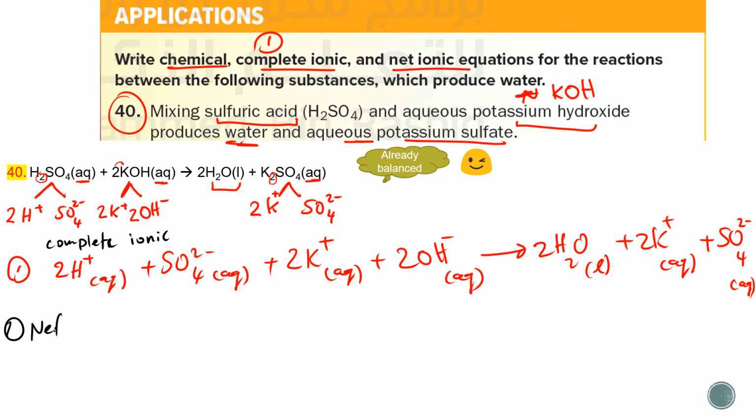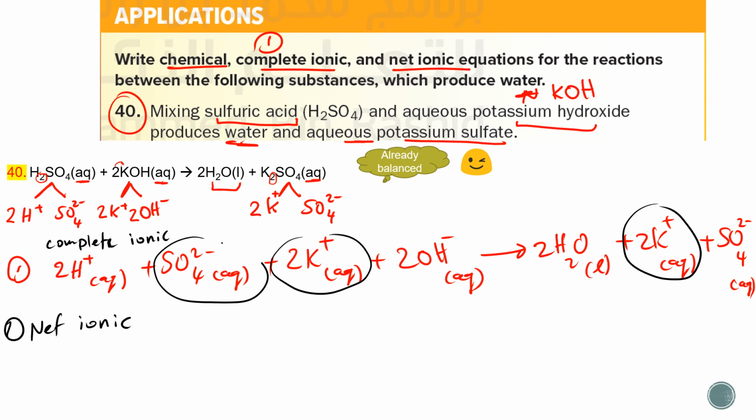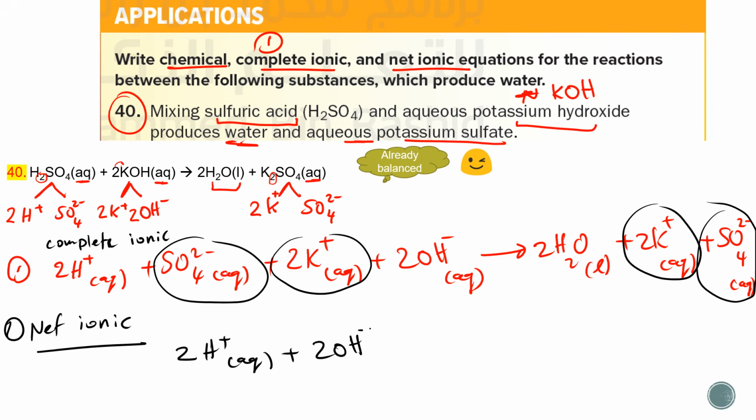Now for net ionic, just remove the spectator ions. Which are the spectator ions we have? We have the K and the SO4 minus 2. So the net ionic equation will be 2H plus AQ plus 2OH minus AQ, and it gives me water. Okay.